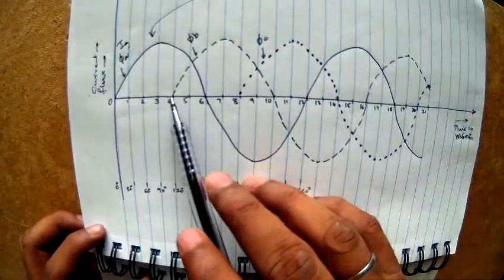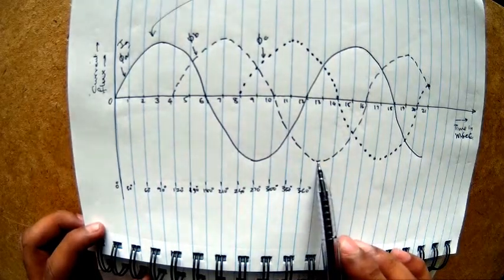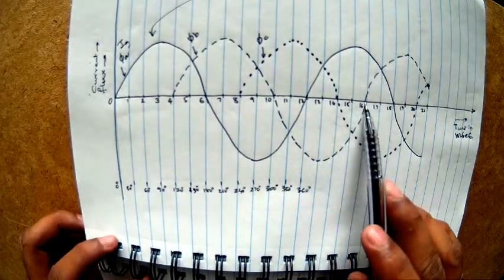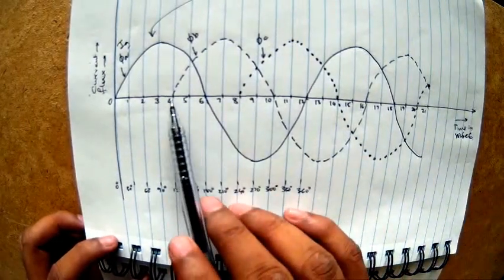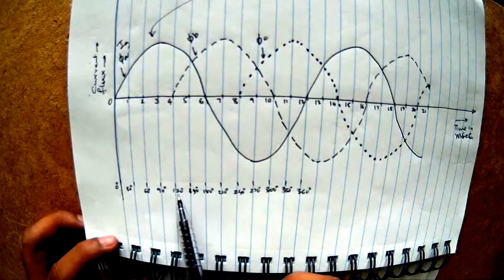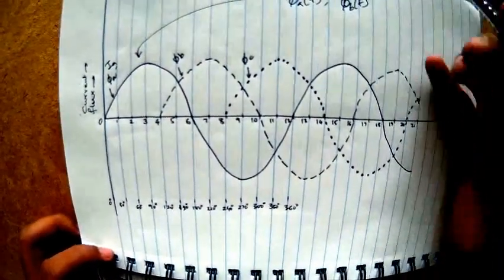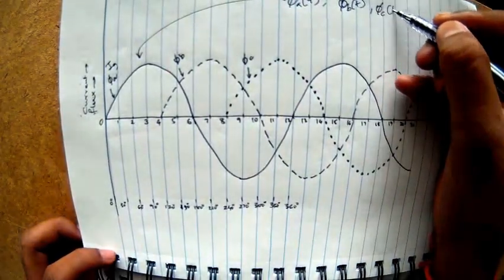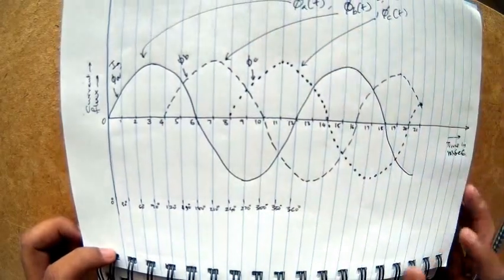So you can again notice starts from 4, reaches maximum at 7, goes to 10, reaches negative maximum at 13, and at 16 milliseconds again 0, and so on. Similarly, phi C. Phi C is 240 degrees from 0 or 120 degrees from B. So these are the three phase fluxes. So phi C with respect to time is this dotted line, and this dashed line is phi B.